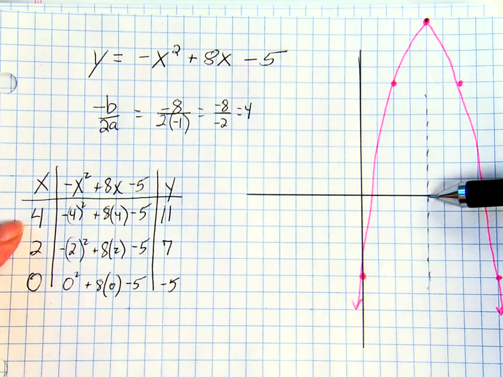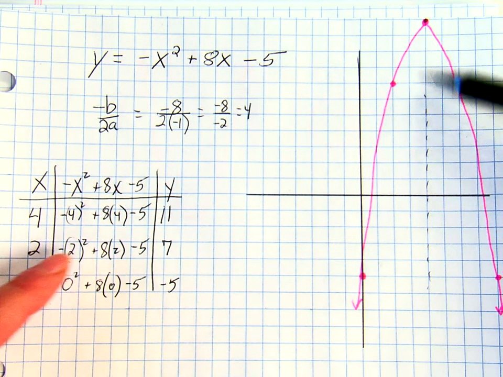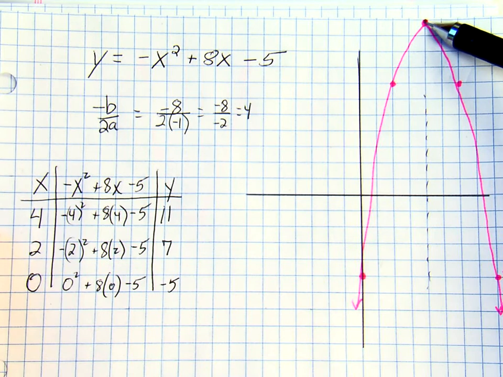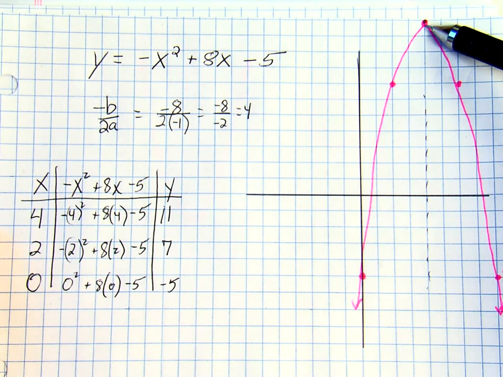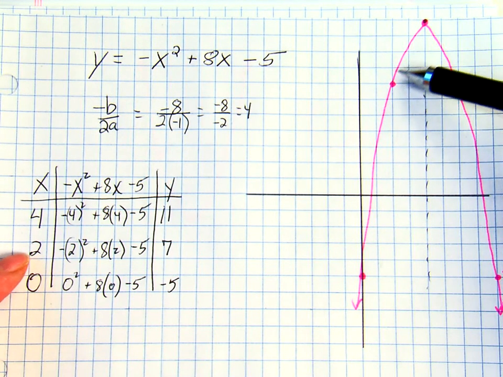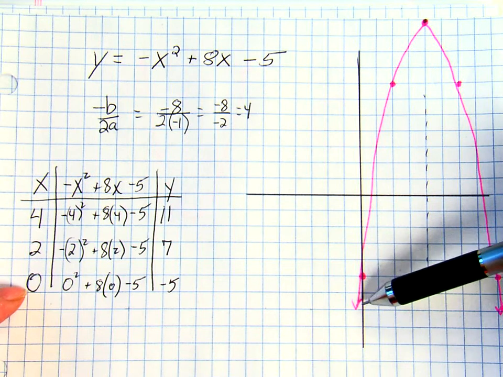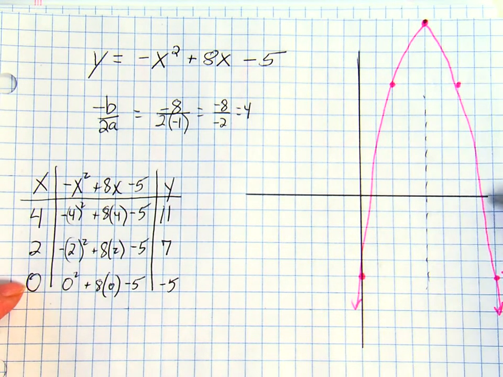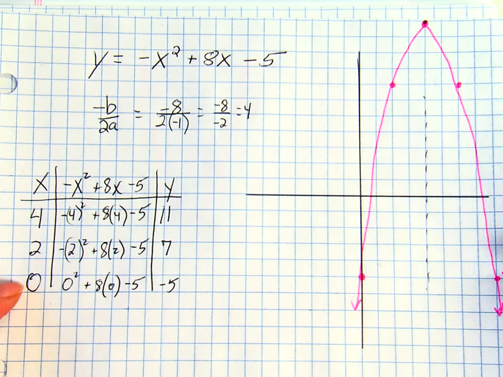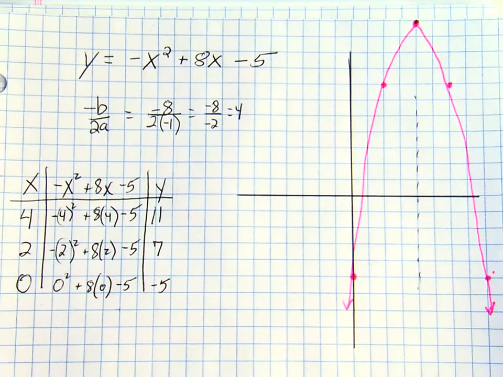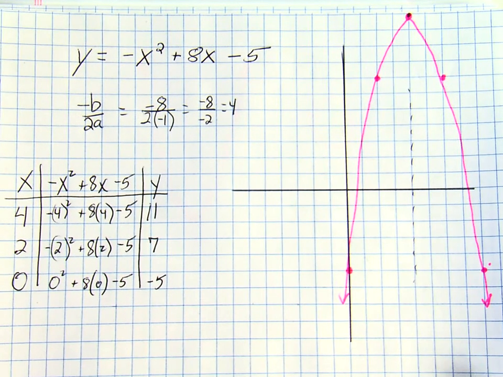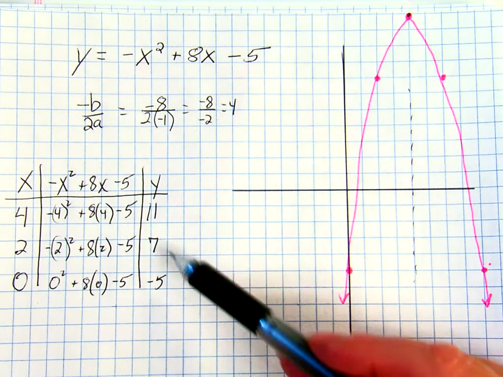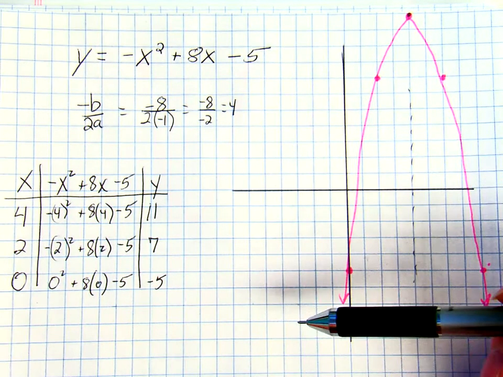So using that 4 as x, I got my vertex y point as 11 up here. And then I did 2 and 7 and 0, excuse me. And then I was able to find these symmetrical points for that graph. Pausing just a little bit so that you can see the math that was done here.